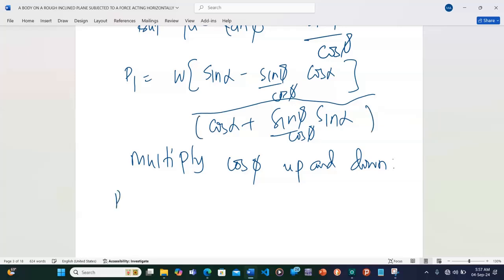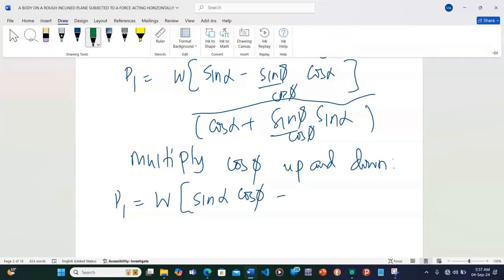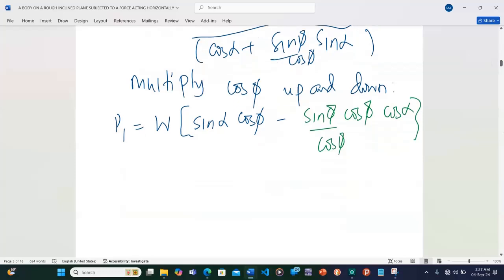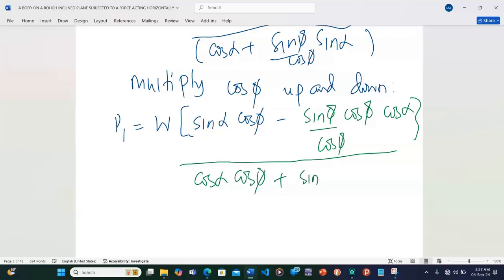So my P1 will therefore equal to W into sin alpha cos phi minus sin phi cos alpha divided by cos alpha cos phi plus sin phi sin alpha.